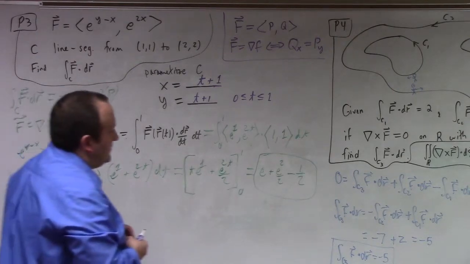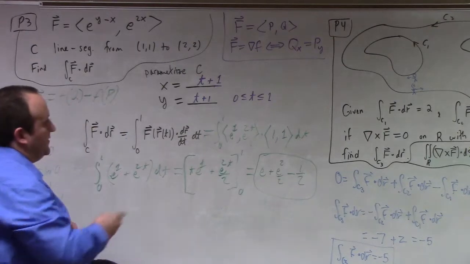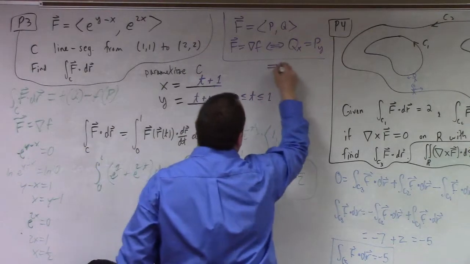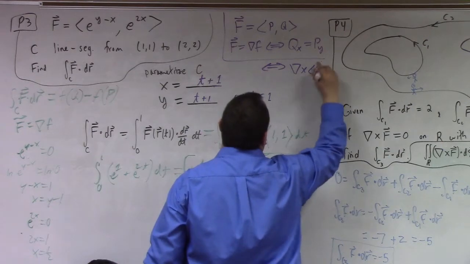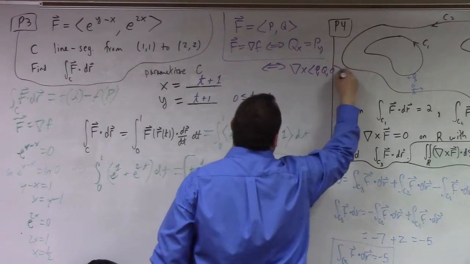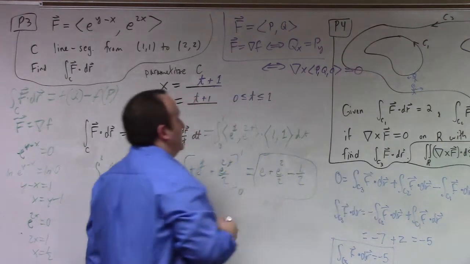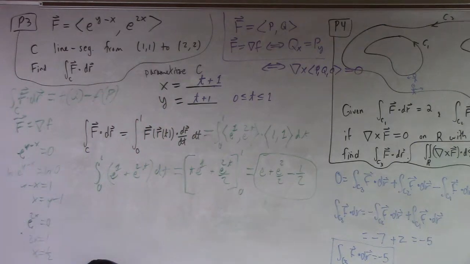So if Q_x equals P_y, this is equivalent to the curl of the vector field P, Q, 0 being 0, which from our theorem is conservative provided that we're checking that on a simply connected region. In this case, the whole plane is a simply connected region.